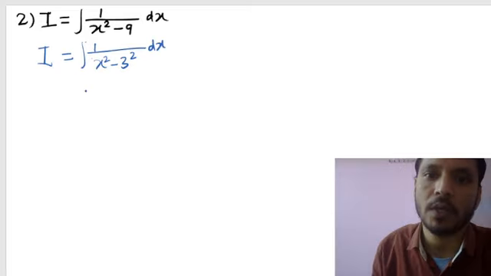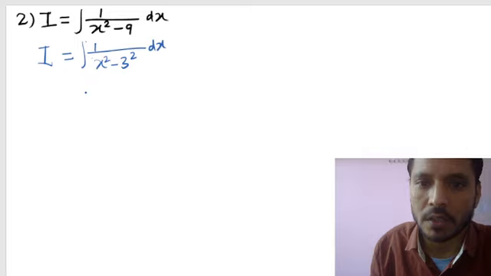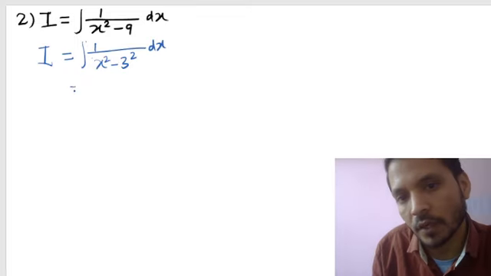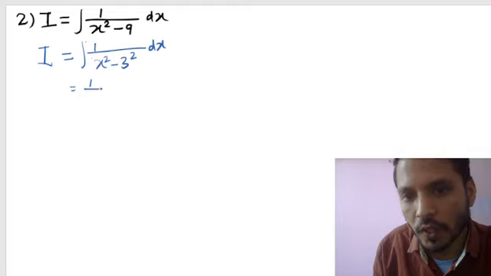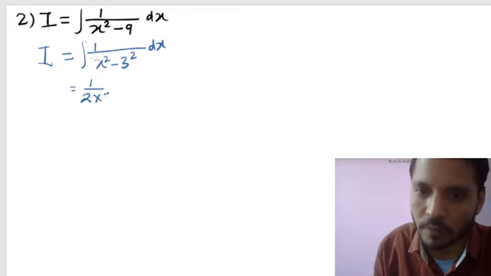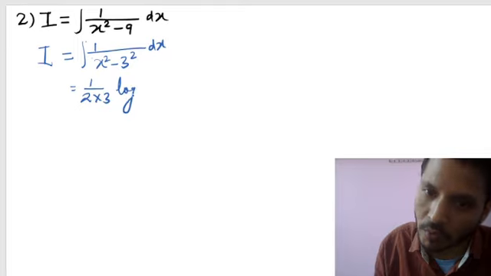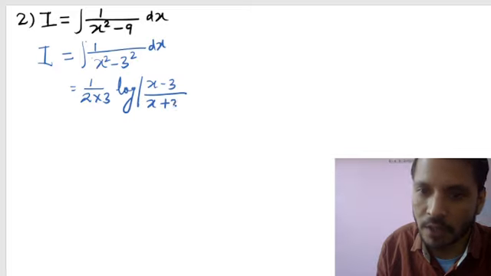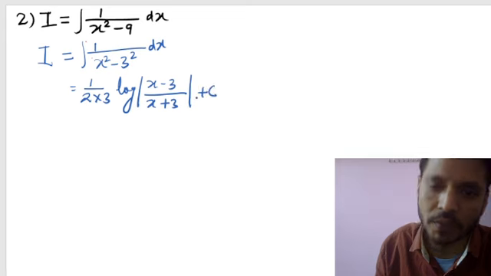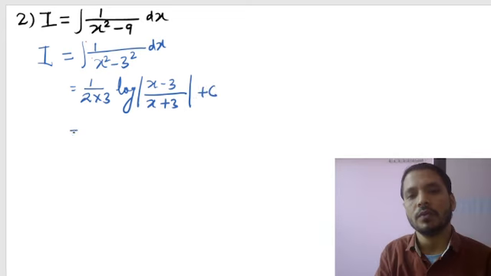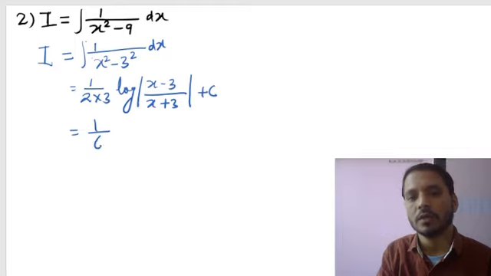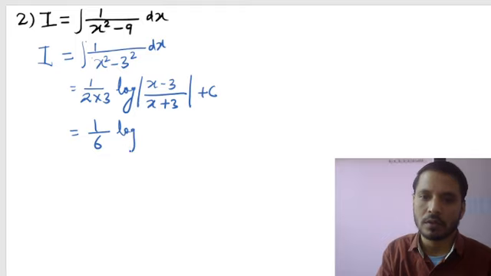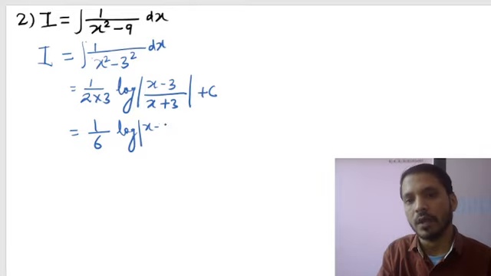And we know that whenever we have this type of expression, x square minus a square, the answer will be equal to 1 by 2a, here a is 3, so 1 by 6, and log of mod (x minus a), that means x minus 3, divided by (x plus a), that means x plus 3, plus c, right? So here one more step we can write, it is 1 upon 6 log mod (x minus 3) by (x plus 3).